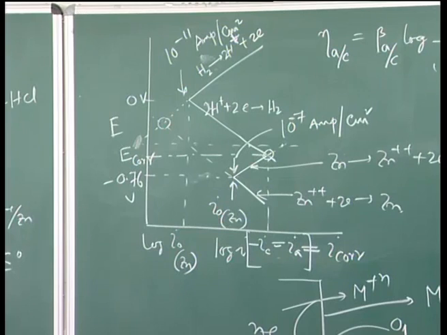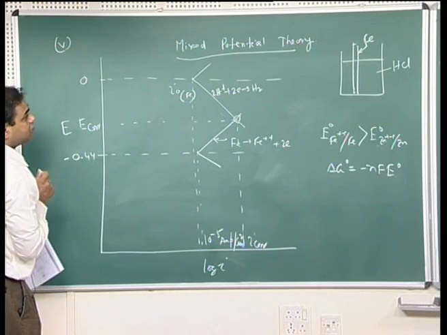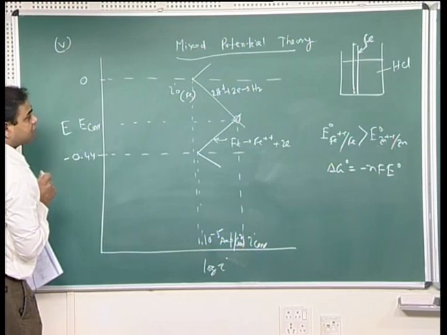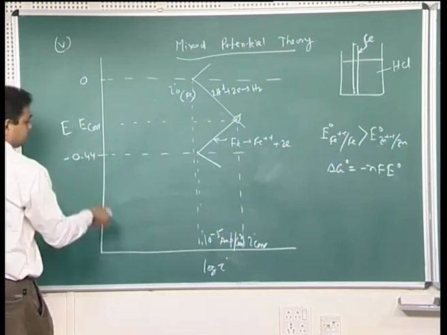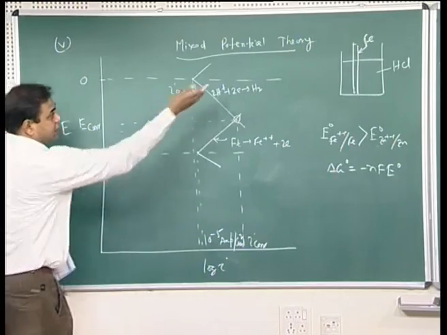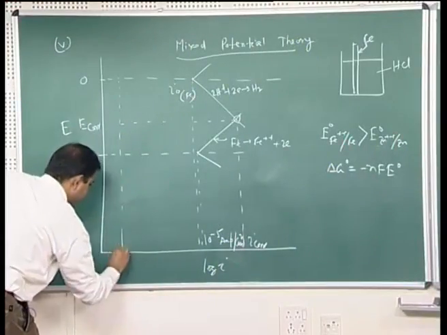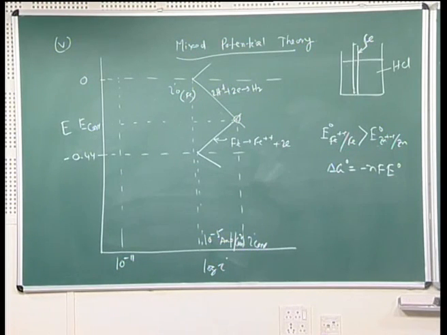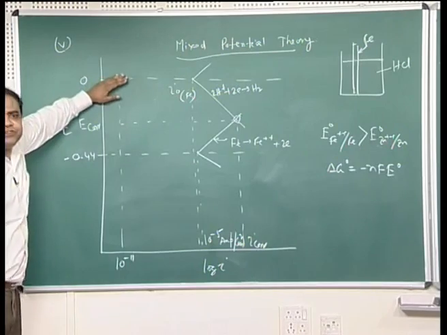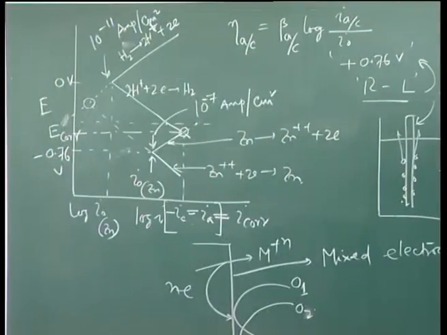Let me see on the scale where would my I0 value for hydrogen evolution on zinc surface lie. So, this is 10 to the power minus 5, and I know that it is 10 to the power minus 11. So, it would be around this point, 10 to the power minus 11 I0, and this is the same hydrogen evolution reaction, and I am just putting this on this.